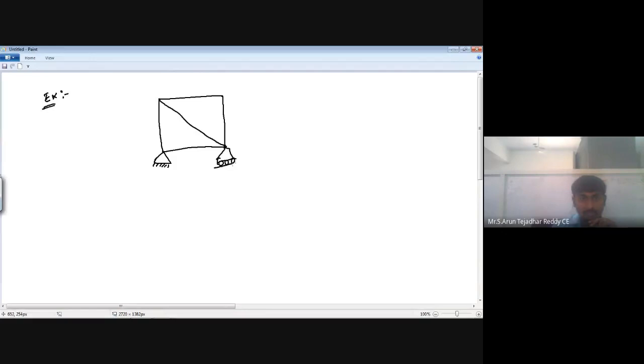Here one load is acting. Imagine it is P. One meter, 1 meter.